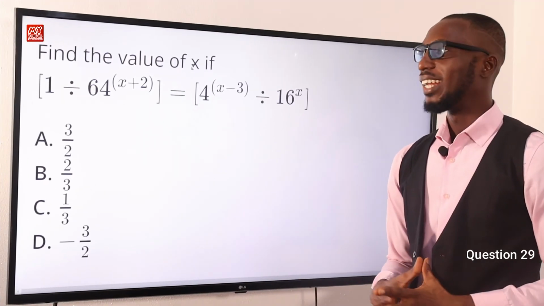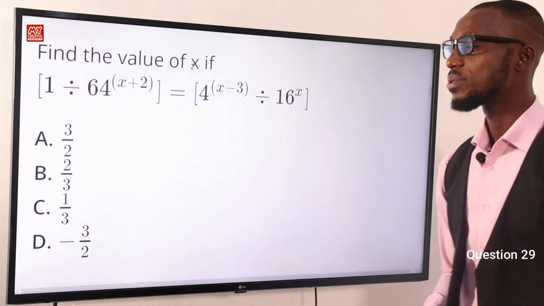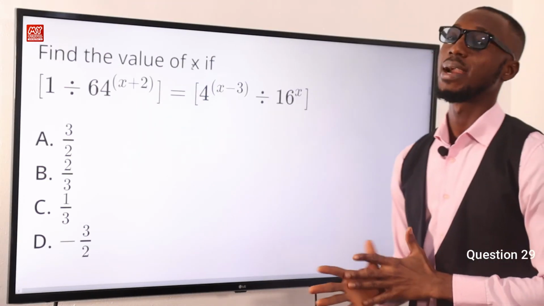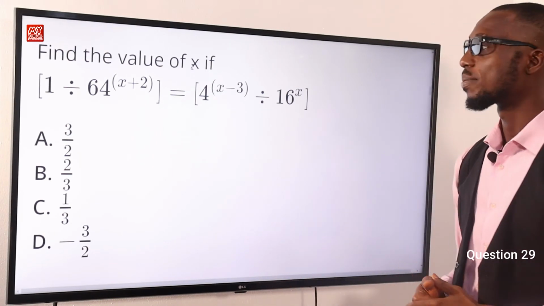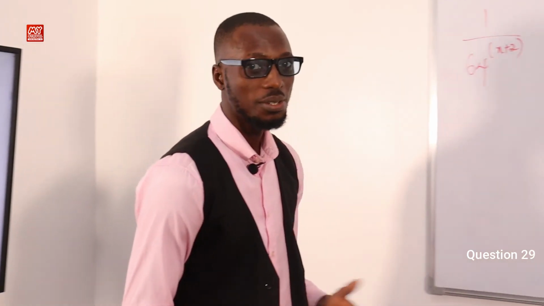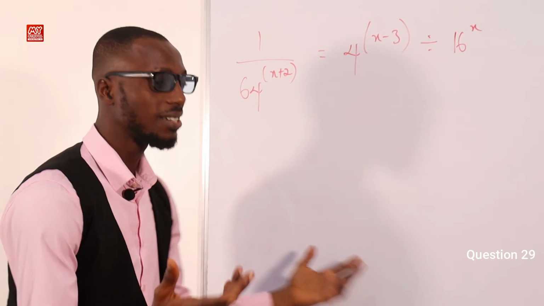Number 29. Find the value of x if 1 divided by 64 raised to the power x plus 2 equals 4 raised to the power x minus 3, divided by 16 raised to the power x. So I just reproduce the question properly. I remember we have parentheses all around. So for me that is negligible.